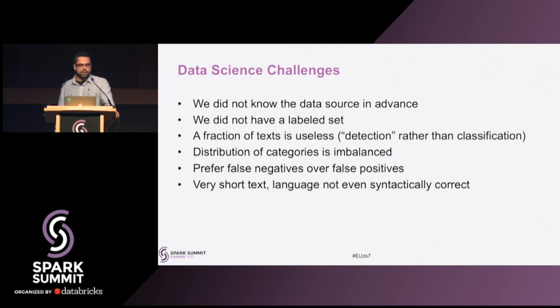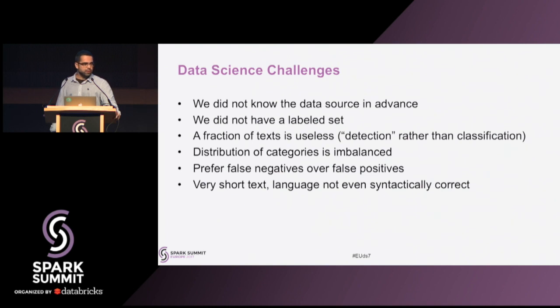Right, so from the data science point of view, for those of you who have worked in data science, you may identify yourselves with one of these challenges, but just listing everything that made this difficult. First, we had never worked with this data source. So we had to work in this mode of discovering whilst working on it. We did not have a labeled set to train a model.